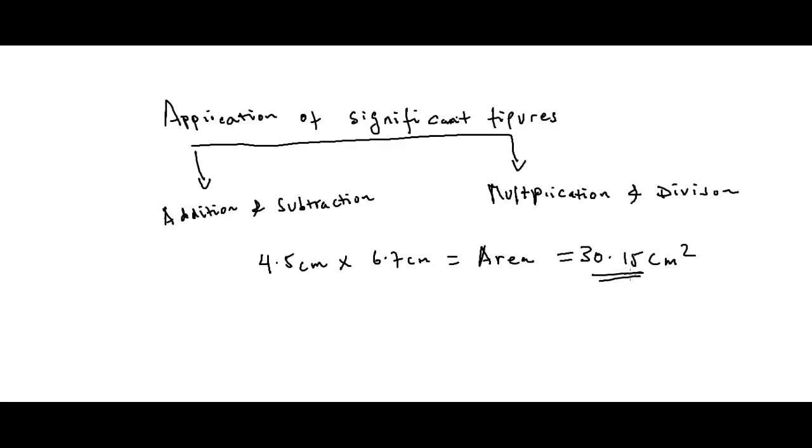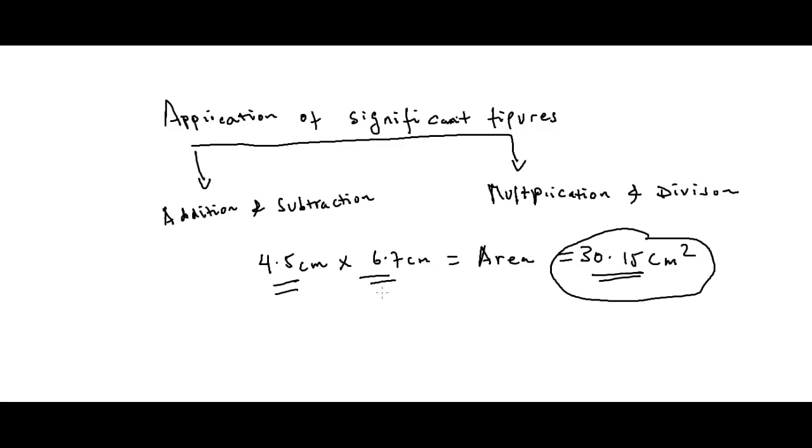Now you can see from here that you have 4 significant figures, but the original numbers have 2 significant figures. So the final answer has to reflect the original measured numbers. Both of them have two significant figures.